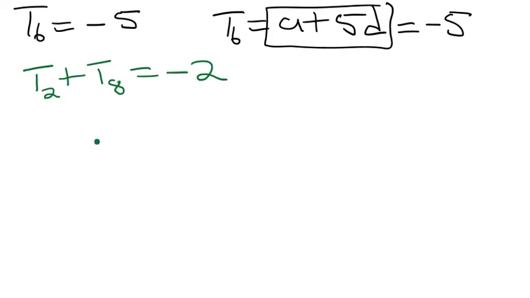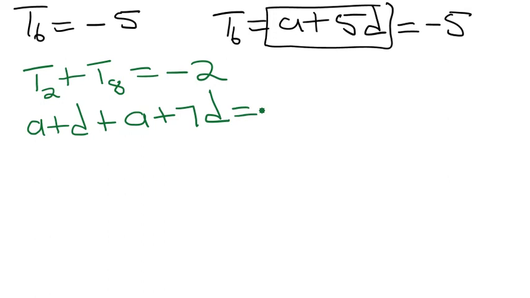Since we know that, let's try and do some substitution here. What is T2? T2 is A plus D, plus, now what is T8? T8 is A plus 7D. And we are told that this is equal to -2.